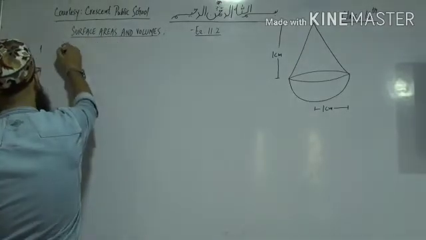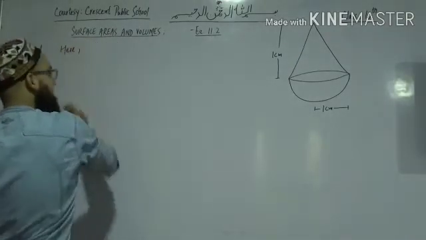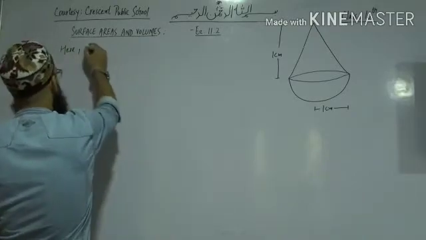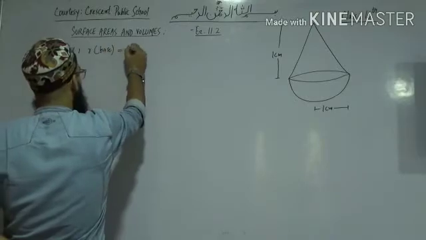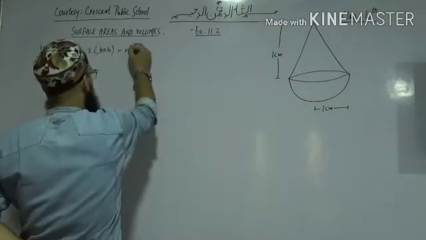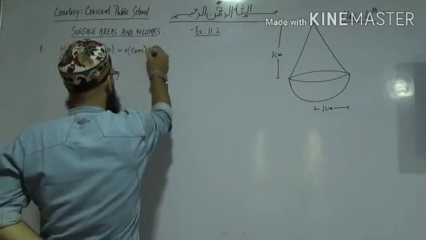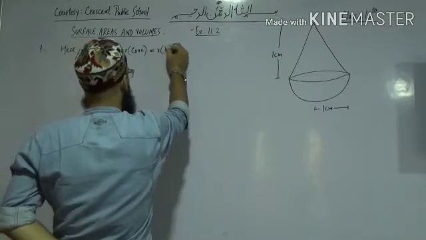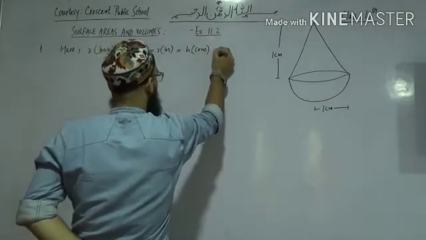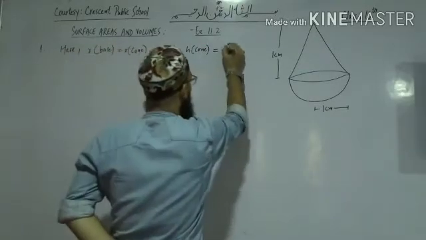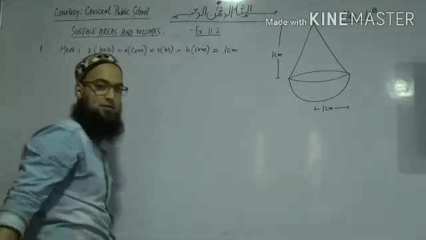Now what I can do here, radius of base is equal to radius of cone is equal to radius of hemisphere is equal to height of cone. All of these are same and that is equal to 1 centimeter.